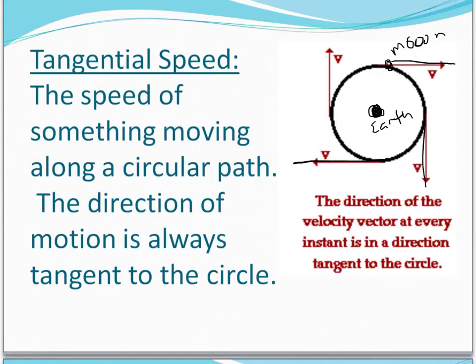If the Moon was here, it wants to go this direction, or this direction. So if the Earth ever disappeared, the Moon would just take off in that tangent path. So this is the speed of something moving along a circular path. It's going along the circular path because the Earth's gravity is pulling it down. The direction of the motion is always tangent to the circle. Those lines are tangent lines. That's something very important to remember. The lines coming off there are tangent to the circle.